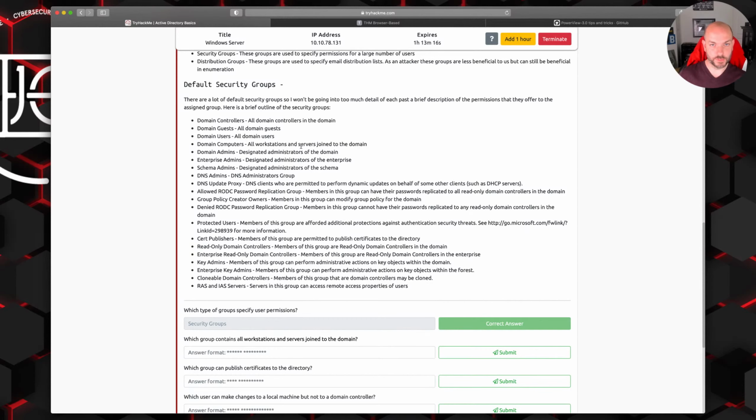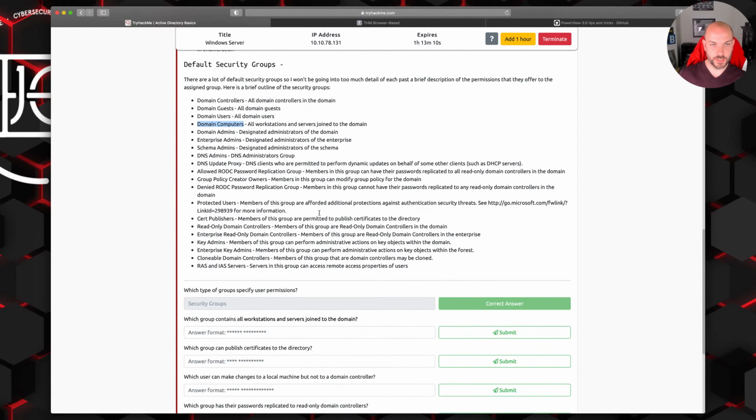All workstations and servers joined to the domain is domain computers. Now, again, with that type of group, maybe you want to make different types of groups depending upon different types of servers that you have. You can get more granular that way and then apply specific permissions to those specific server groups.